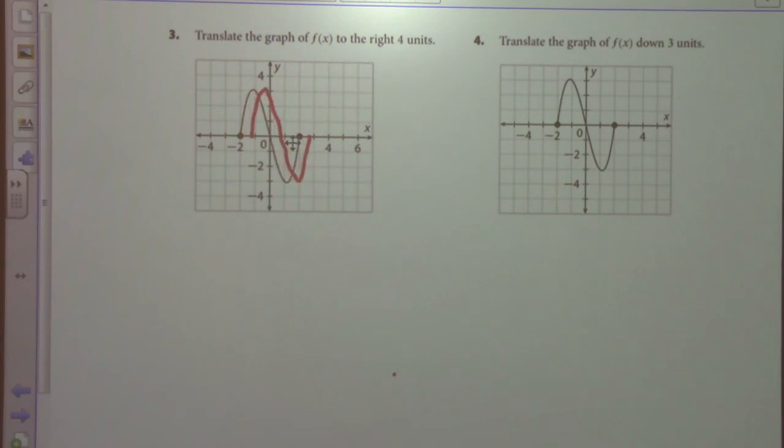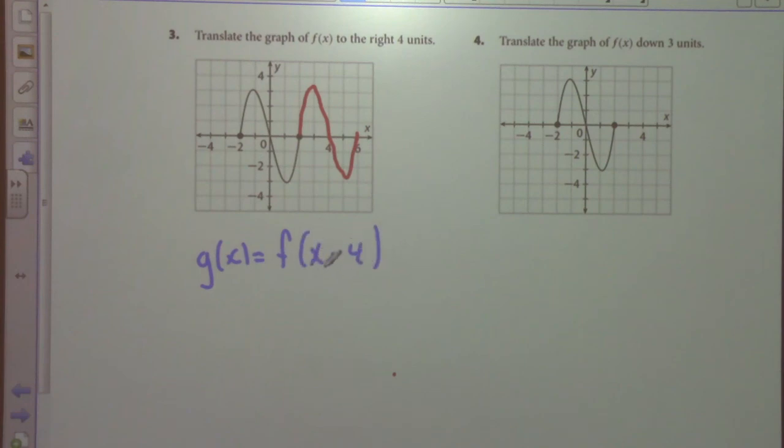All right, so for number 3, we're shifting to the right 4 units. So what would we say that g of x is equal to? X minus 4, okay, so Gabby says that. Does that seem right? Everybody agree with that? Okay, good, that looks good.